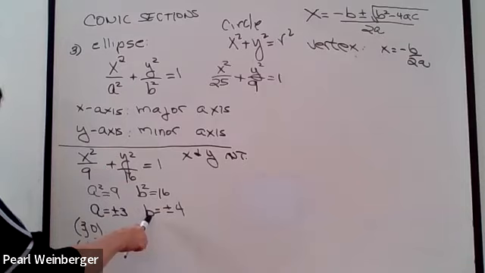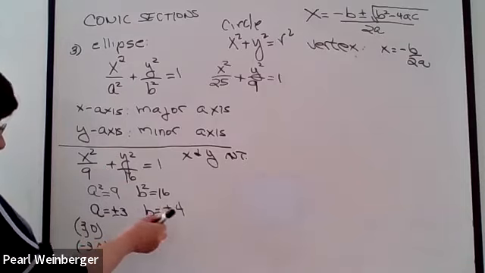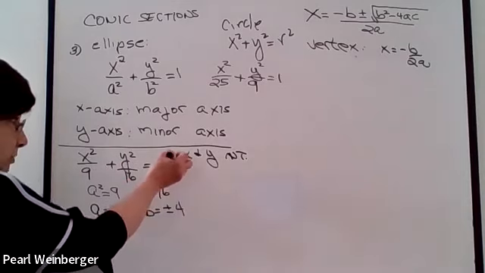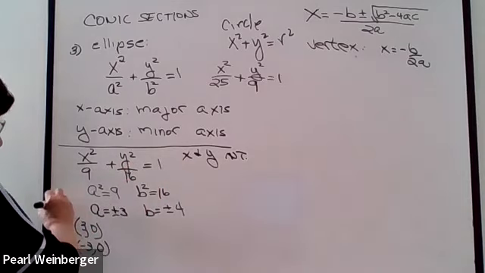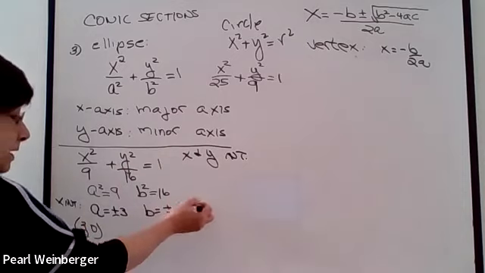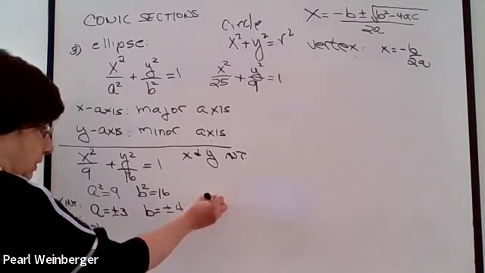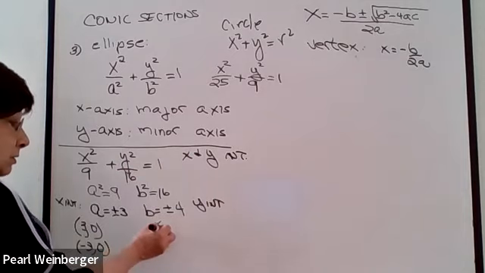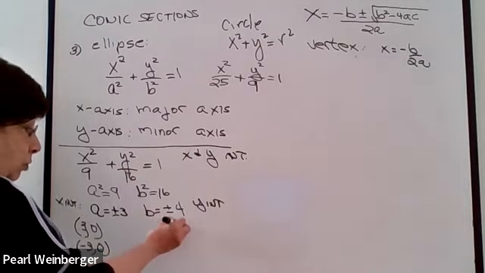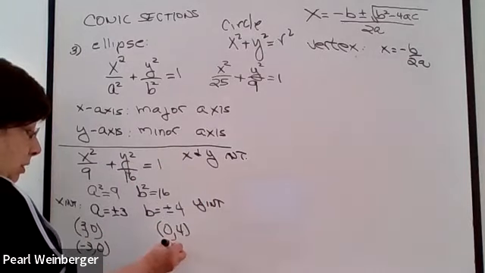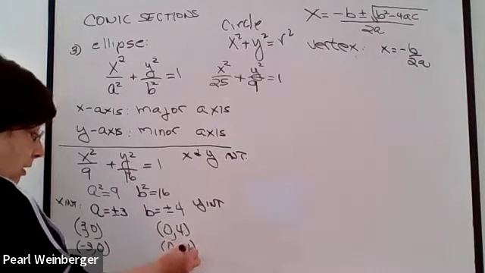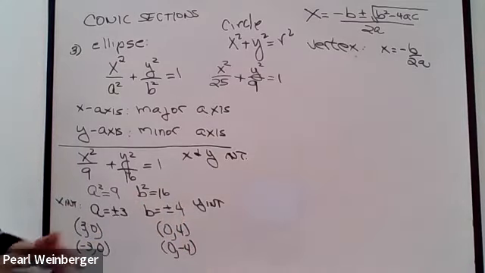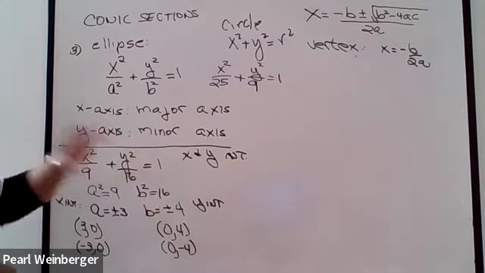The a gives you the x-intercepts, and the b gives you the y-intercepts. Again, it's okay to say that your y-intercepts are plus or minus 4, but more accurate is to say (0, 4) and (0, -4).